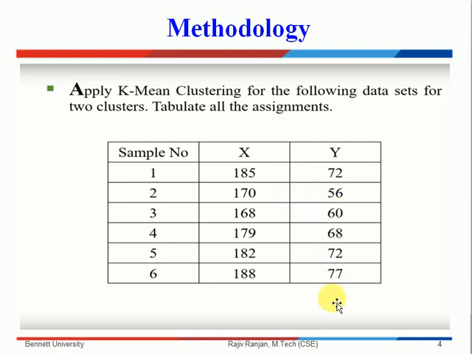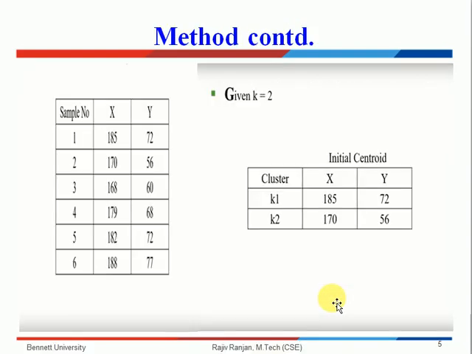So let's see how we will compute it, right? First we have to decide the number of clusters, that is into how many clusters you want to separate your objects, right? I just want to separate this data set into just 2 clusters. So I have taken here k equals 2, k is clusters, right? So I have 2 clusters, k1 and k2, and for the initial centroid we have to decide initially.